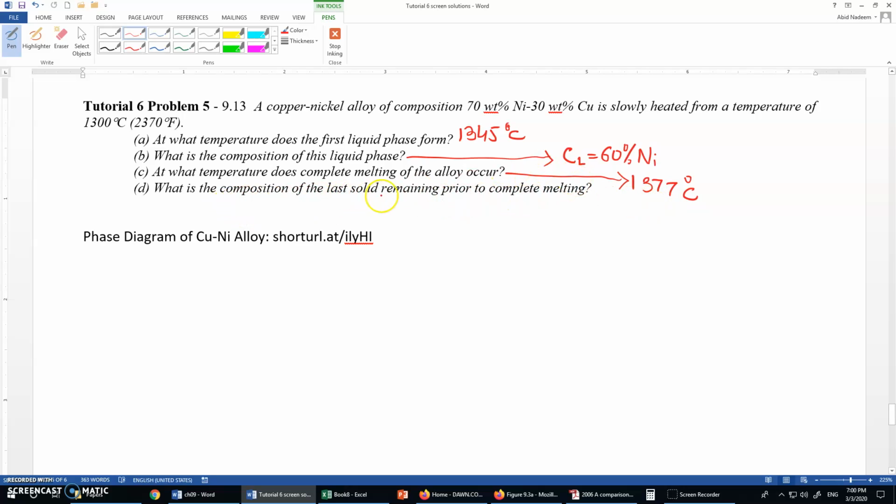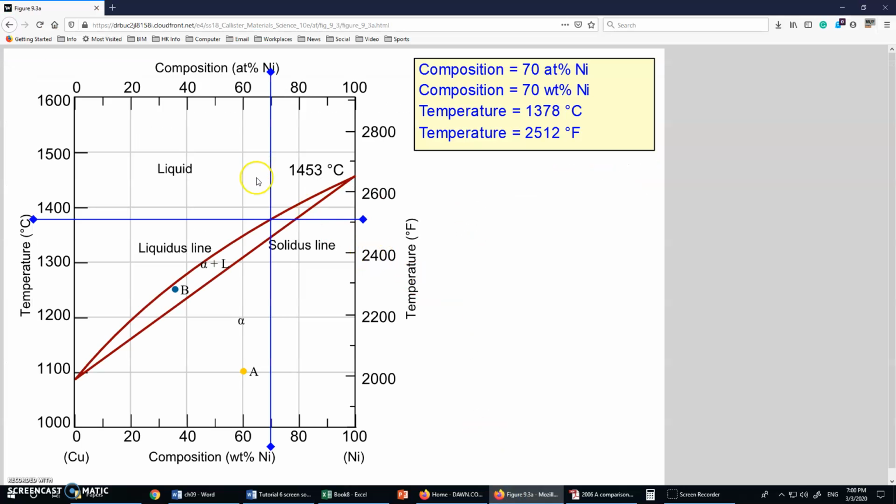And what is the composition of the last solid remaining? Okay, so the last solid remaining at this point is where is this? It should be here. Yeah, because this is the solidus line at this temperature. So I move it to this side, and the composition of this solid is 79 weight% nickel.